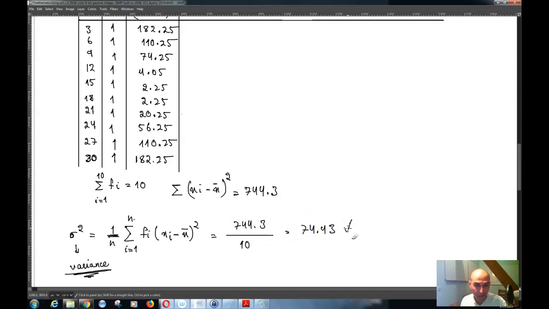That is the variance, or sigma squared, of my data. So that's number 3. Let me see what the answer is. Okay, now 15.2.